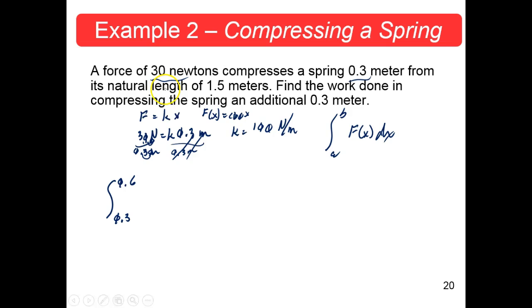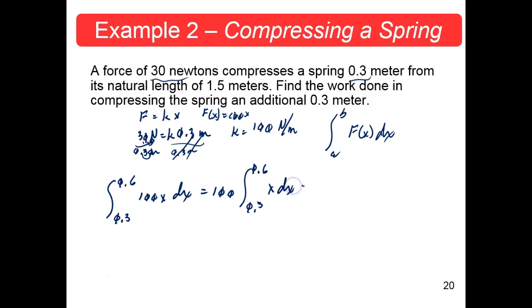Pretty simple formula. That's your spring constant times x. So this will be 100x dx. And that's all there is to it. Well, a little bit more. It'd be helpful to pull the 100 outside the integral. And what's the antiderivative? I'll write it down again: from 0.3 to 0.6 of x dx.